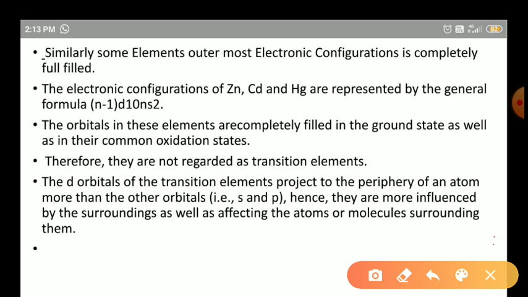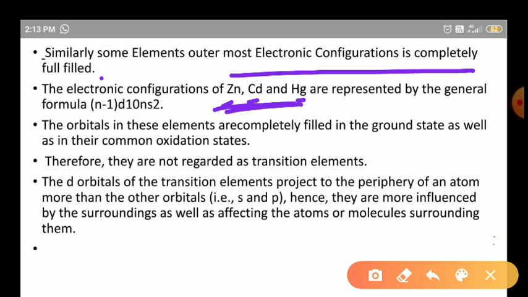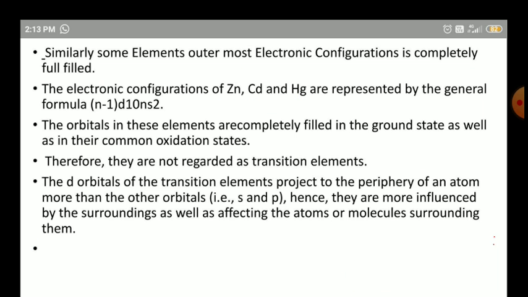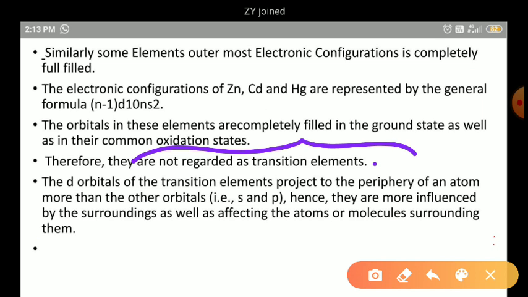The same point is repeated here. In some elements the electronic configuration is completely filled, like zinc, cadmium, mercury. In these elements, the electrons are completely filled. So that's why they are not considered transition elements.